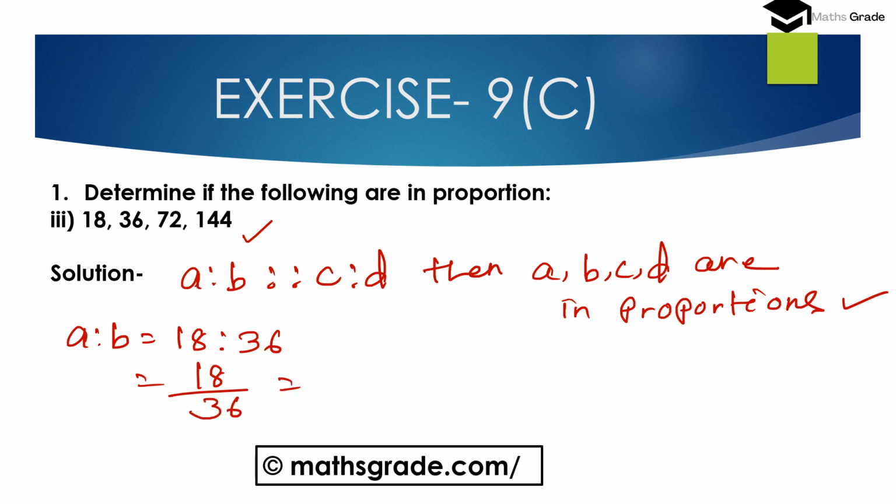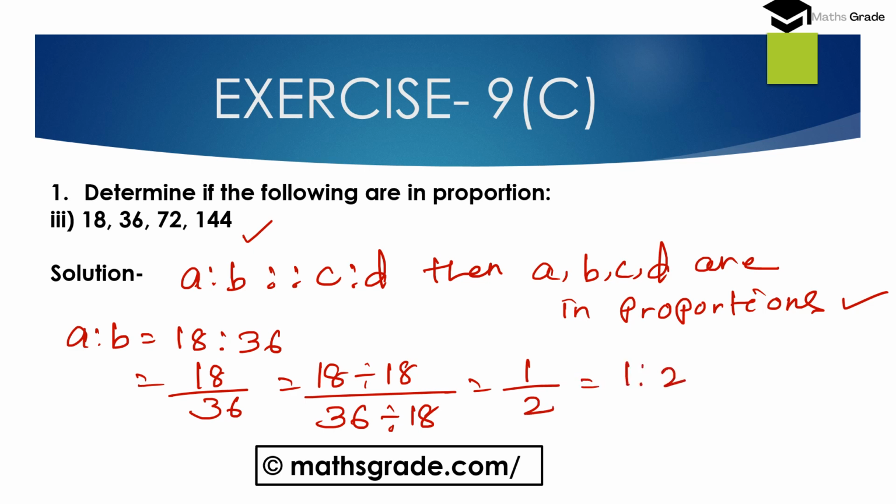Cancelling with 18, the common ratio, we divide the antecedent 18 with 18 and the consequent 36 with 18. We get 18 divided by 18 is 1 and 36 divided by 18 is 2. 1 is to 2.